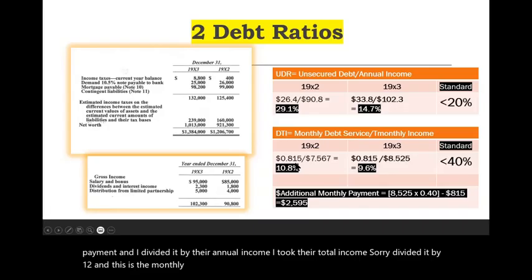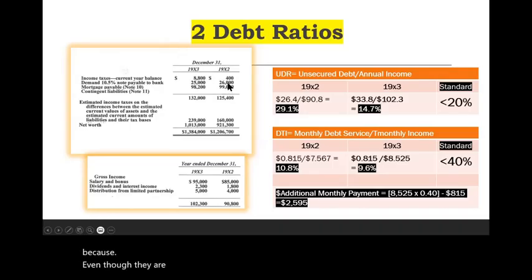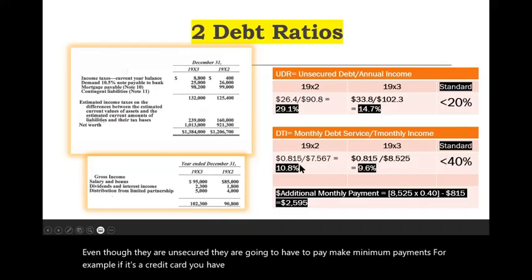I think a better calculation, a more conservative calculation, would have been to take even these unsecured and divide them by, say, 12, because even though they are unsecured, they're going to have to make minimum payments. For example, if it's a credit card, you have to make minimum payments on your credit card.